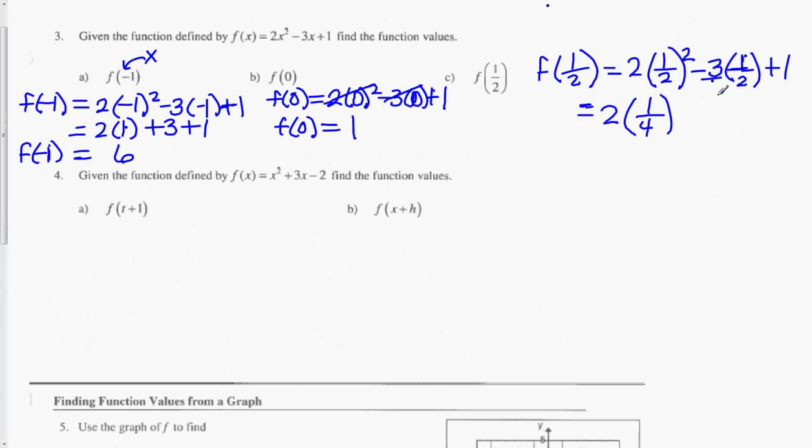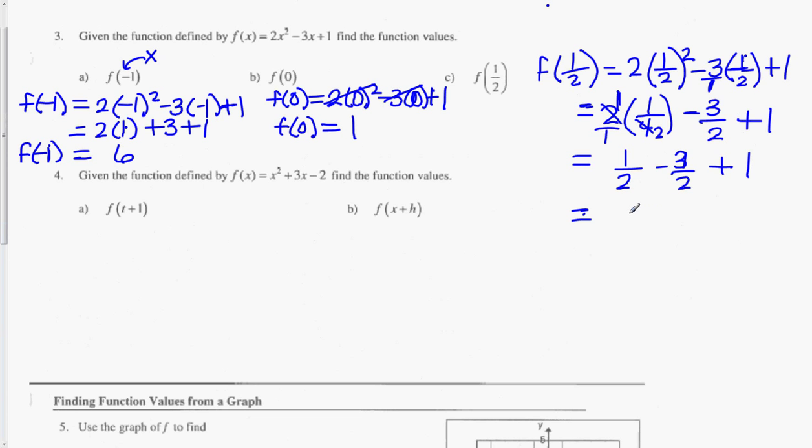A 3 over 1 times a negative 3 over 1 times a 1/2 would be negative 3 over 2 plus 1. I'm going to keep going. I can cross cancel. And so I'm going to get 1/2 minus 3 over 2 plus 1. I'm going to keep going.